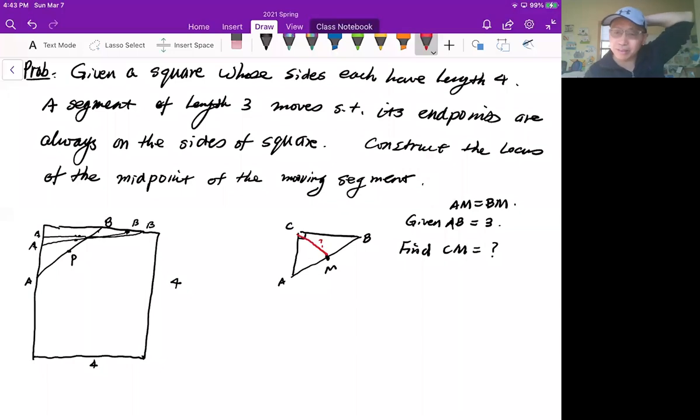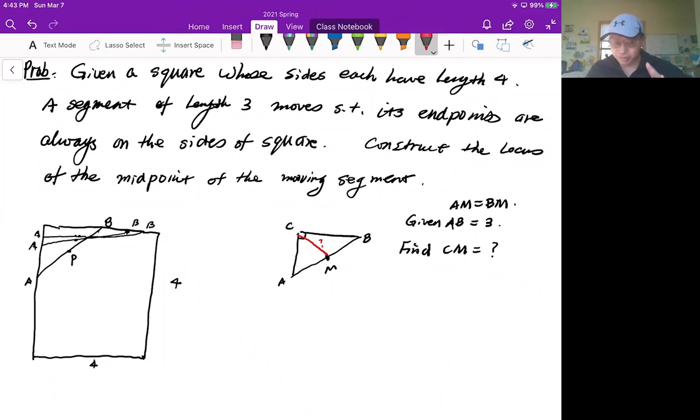Yes, someone says it's 1.5. You're right. Can you tell me why it's 1.5? Some people say it's 1.5 in the chat. Very good, excellent. So why?